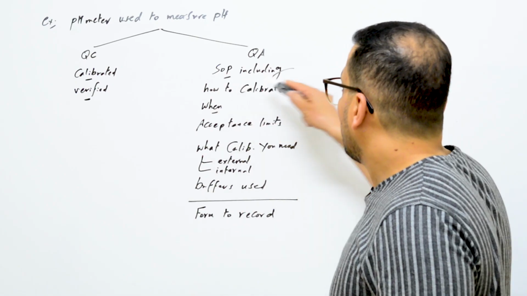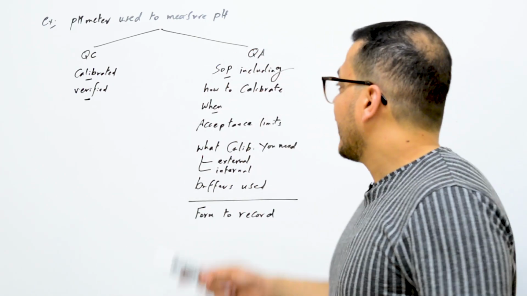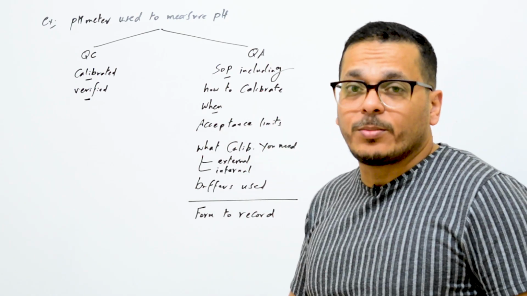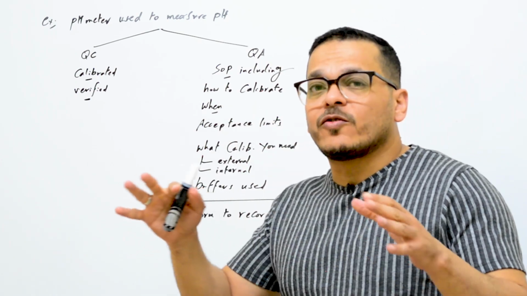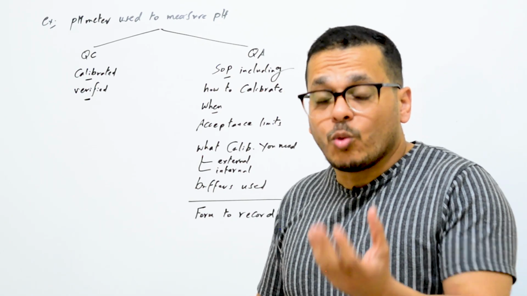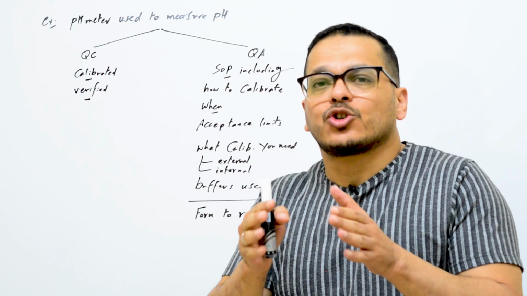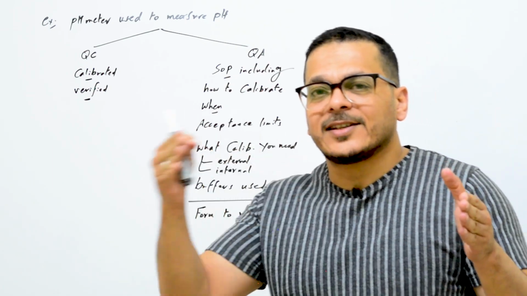So you need to prepare a specific SOP or general procedure, including how to calibrate this equipment. You should cover the range of pH required. As an example, if you analyze water samples, pH will be in the range of 7, so you need to be before and after.